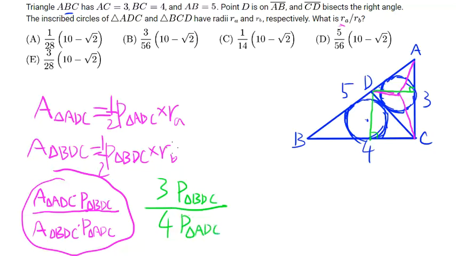Okay, now for the perimeter part. Let's see here. This is 3, this is 4. Let's see, this is BD and AD.